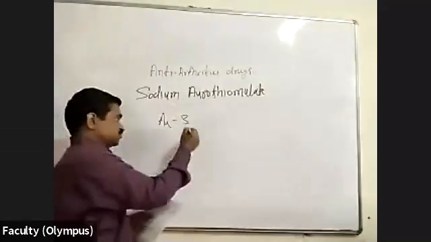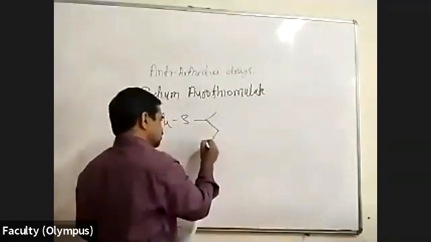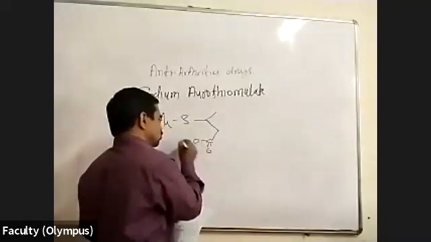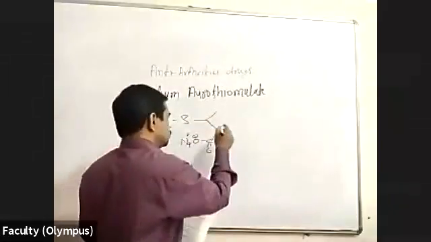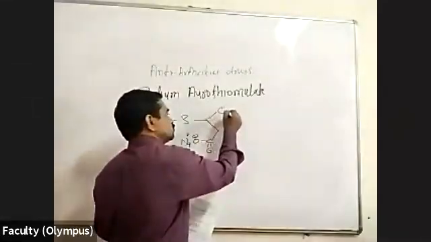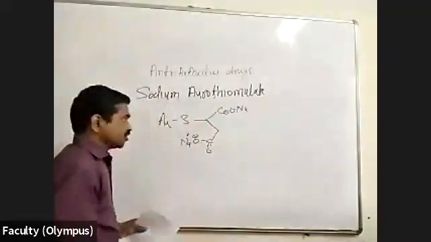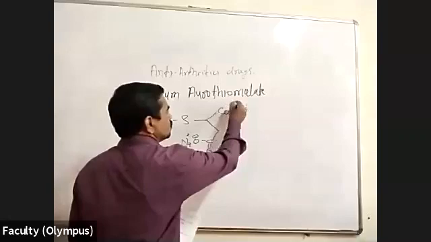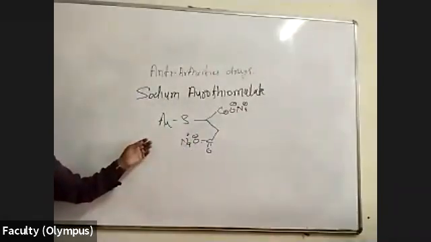Its structure is like this. This is the maleic acid, with CO double bond O, sodium negative, positive, CO2 Na, negative, positive. So this complex is used to treat arthritis. It is used as an anti-arthritic drug.